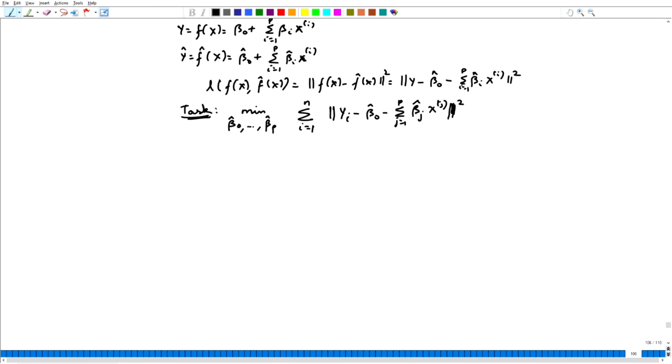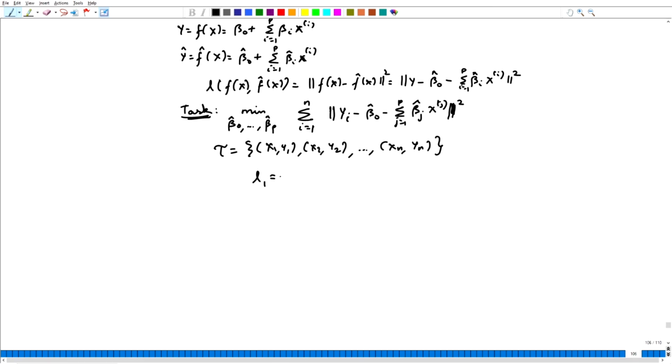So, then we have a loss function for the particular data. Recall that we have this data tau: x1 y1, x2 y2, up to xn yn. Given a particular value of beta naught hat, beta 1 hat, up to beta p hat, you will have the loss function L1.